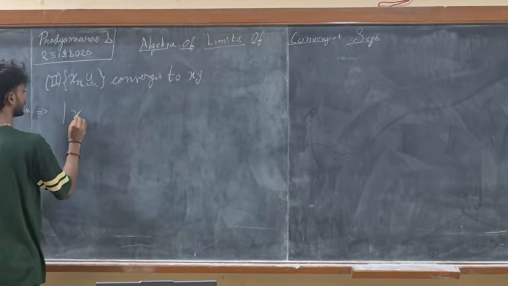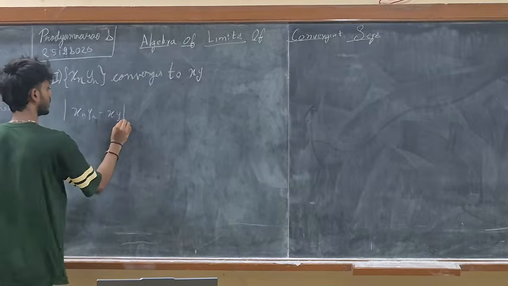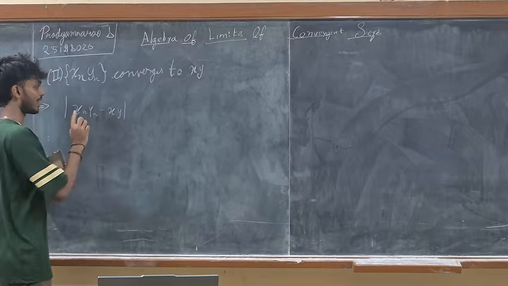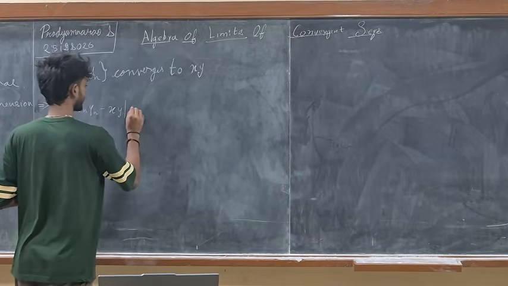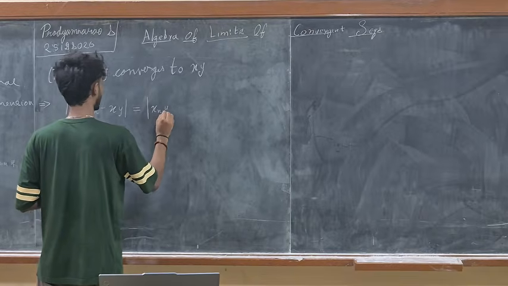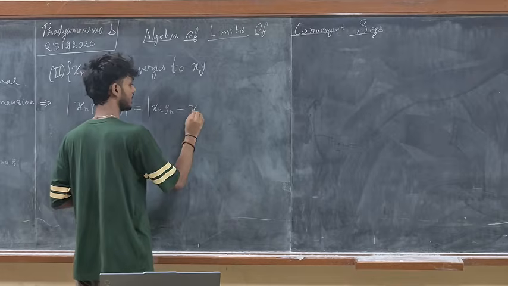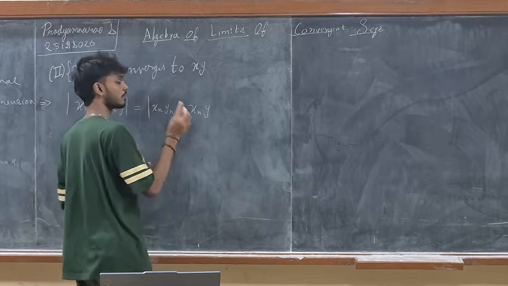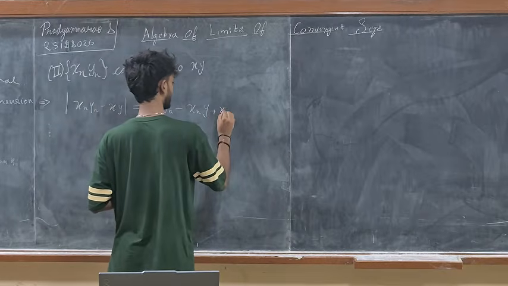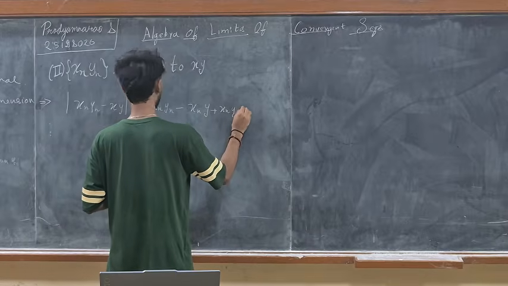What we will do for this is, first let us take an expression: the modulus of xn yn minus xy. We can add and subtract a few terms in this, and it should be equal to the modulus of xn yn minus xn y, and because we subtracted xn y, we should also add the same term again, plus xn y minus xy.